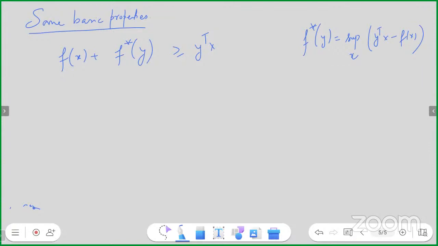That was for convex functions. Here I have not invoked anything, so f need not be convex. I'm pretty sure you've seen this. So what happens when f is differentiable? What shape does this inequality take?